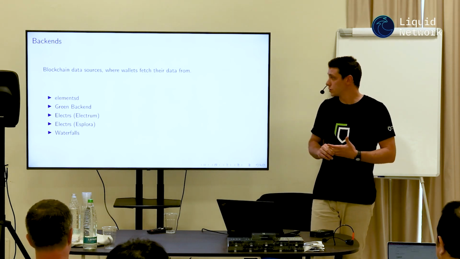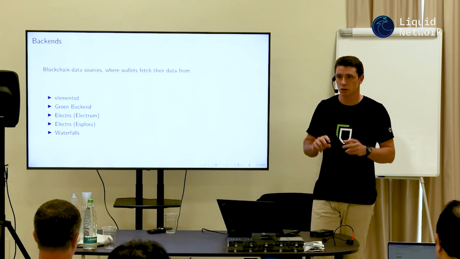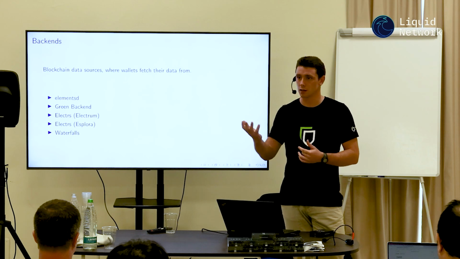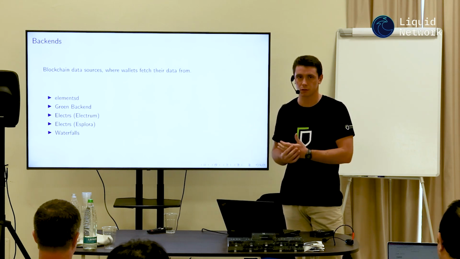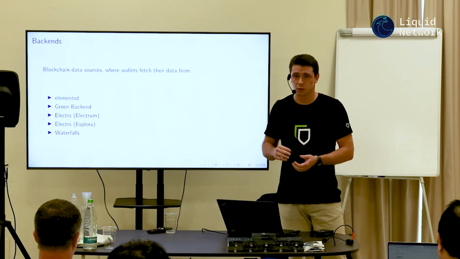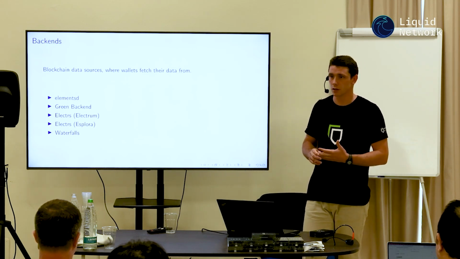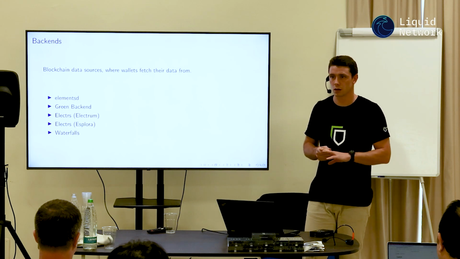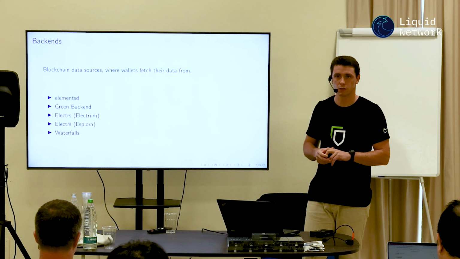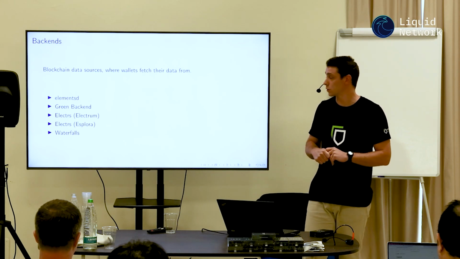Finally, we have Waterfalls, which is like an extension of the Explorer interface. Instead of asking the server for each script, like you do in Electrum and in Explorer, you simply share with the server the Bitcoin side of your confidential transaction descriptor.